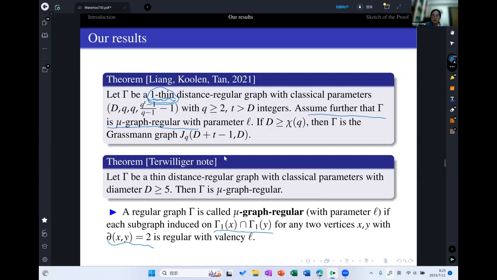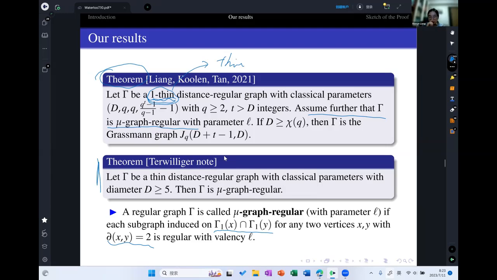If this theorem holds, and we replace the one-thin condition by thin, we can get the corollary from this theorem.